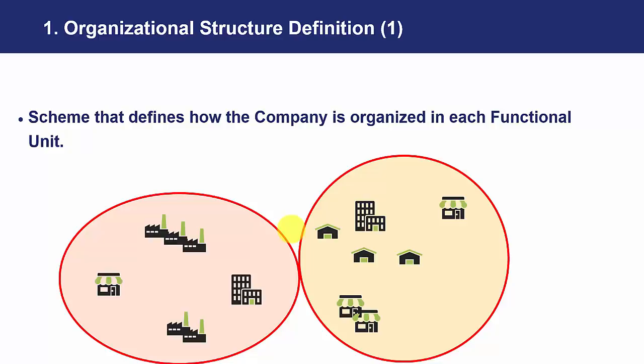But in this way, as we're going to see in next sessions, each time we create materials or each time we make a material movement, we have to specify for which warehouse and for which factory we are going to do it, where they are taking place.